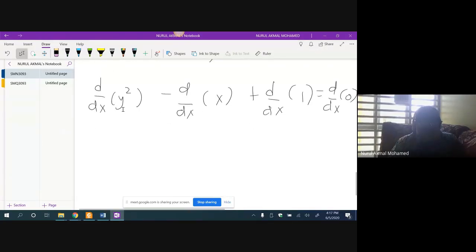The derivative of y squared with respect to x will be 2y, and after that you write down dy dx. For x it will give you 1. The derivative of 1 will give you 0 because it is a constant. It's the same for your right hand side, it will give you 0.